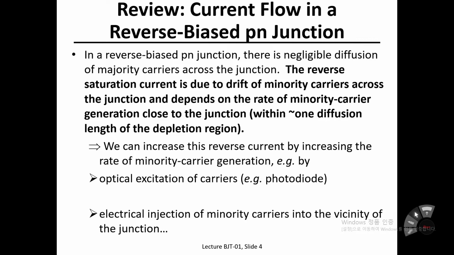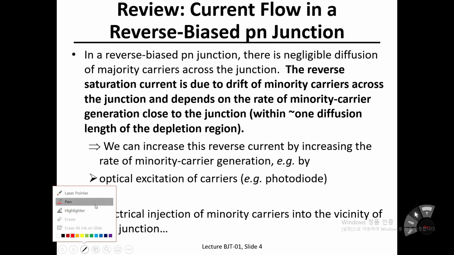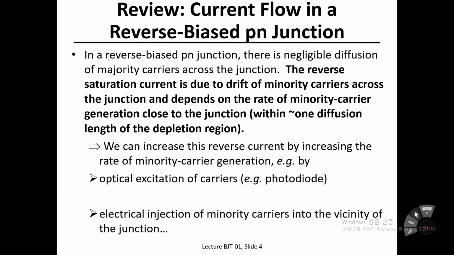As we know, in a reverse biased PN junction diode, there is a negligible, very tiny amount of diffusion of majority carriers across the junction. You know the meaning of it, right?